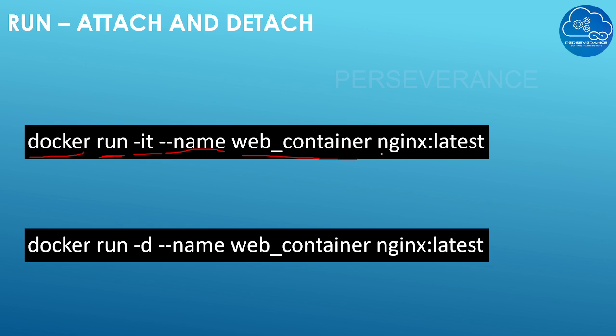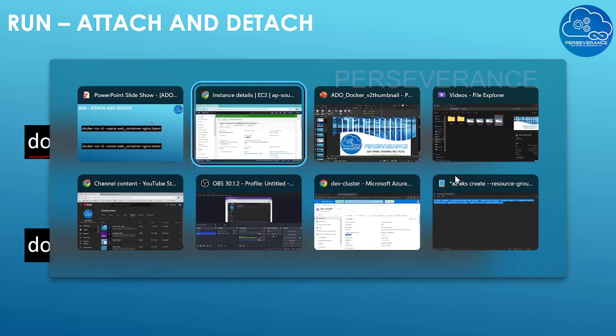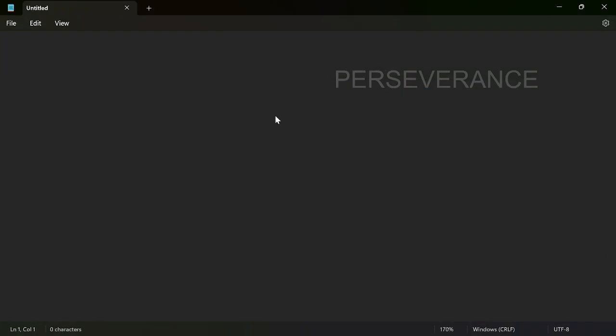And then finally we should give an image. It was already discussed that without an image we cannot create a container, correct? So here I'm using an image, and the name of the image is nginx. And what is latest? The format is image colon tag.